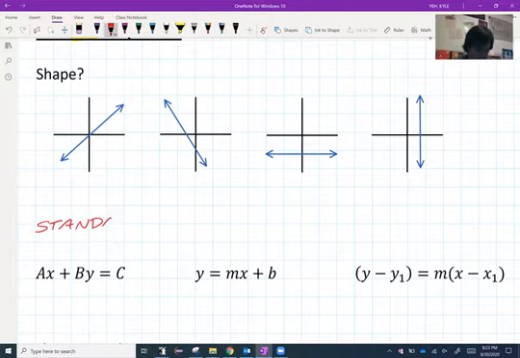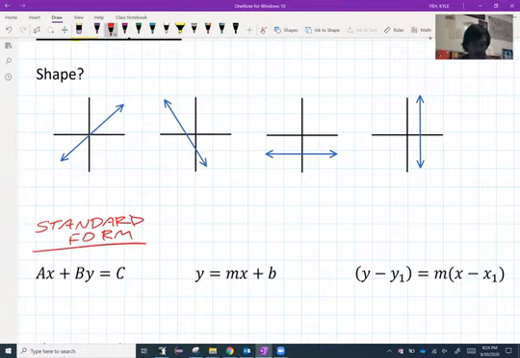Standard form gets the x's and y's on the same side of the equation. A, b, and c are just some numbers, coefficient is the official word for them: the number of x's, the number of y's, and then just that constant term on the other side of the equation. For example, 7x plus 4y equals 10 would be in standard form.